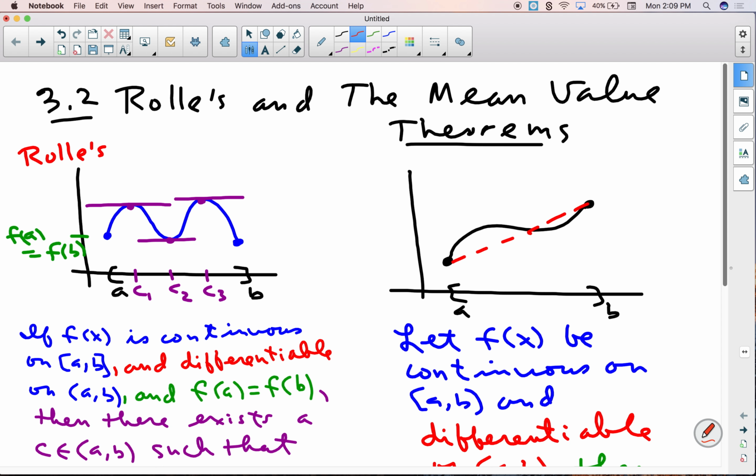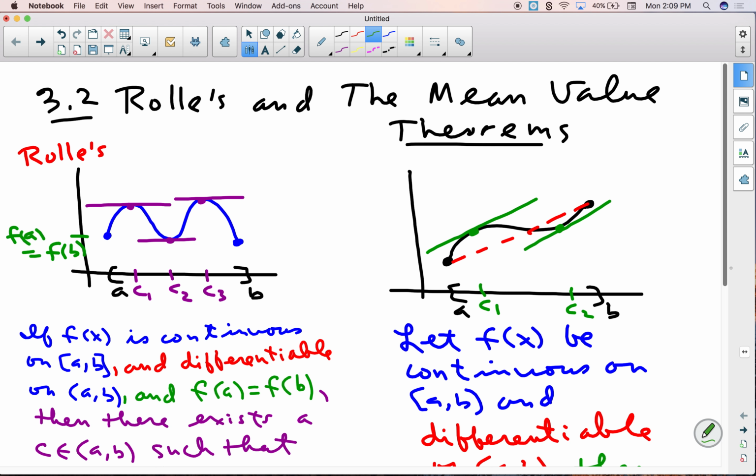So what we would be looking for are points where the tangent line is parallel to that secant line. Just from this drawing, you can see that there's at least a couple of them. Yeah, there's two, C1 and C2.